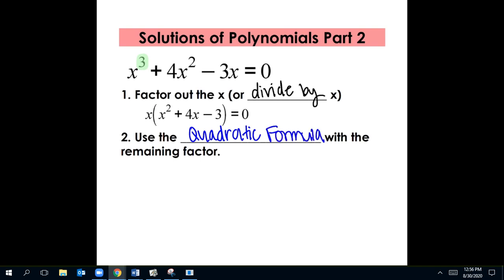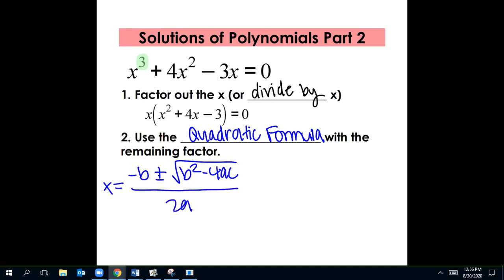And so the quadratic formula, in case you forgot, is negative b plus or minus the square root of b squared minus 4ac, all over 2a. And so we have a equals 1, b equals 4, and c equals negative 3. We will do that now to solve for the remaining two roots.